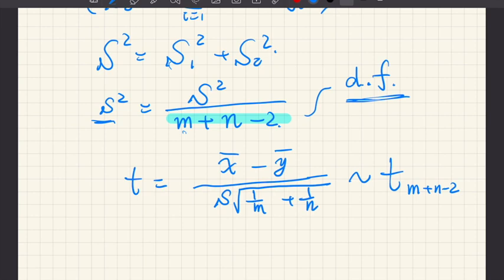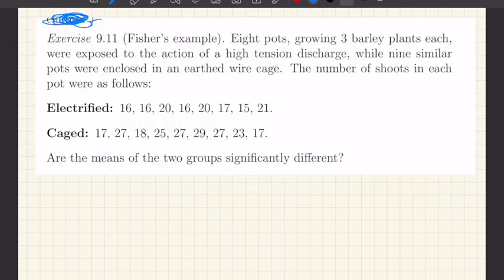And I will omit the example. You can just mechanically apply this technique. Well, maybe you should have some example. Okay, here's one. This is Fisher's example. Fisher is one of the founding fathers of modern statistics, and he was actually a biogeneticist, so he was on a farm studying plants or some insects maybe.